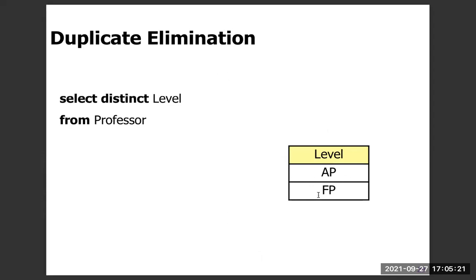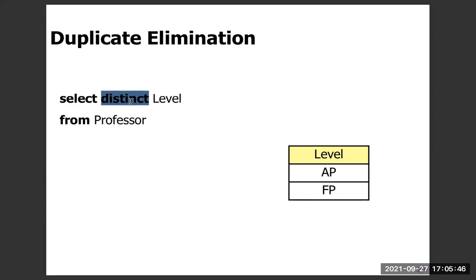In some cases, we do want to eliminate duplicates. And to eliminate duplicates, we need to use the distinct keyword after select, as duplicate elimination is quite costly. Duplicate elimination may be performed by grouping, by hashing, by sorting.